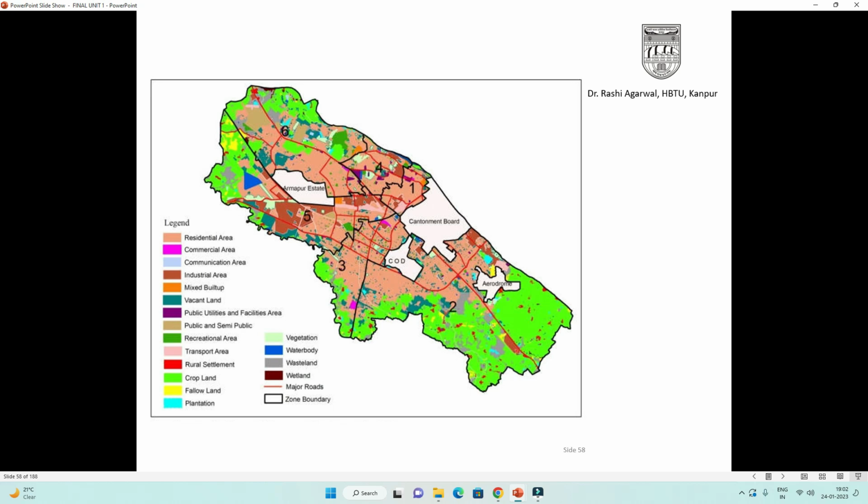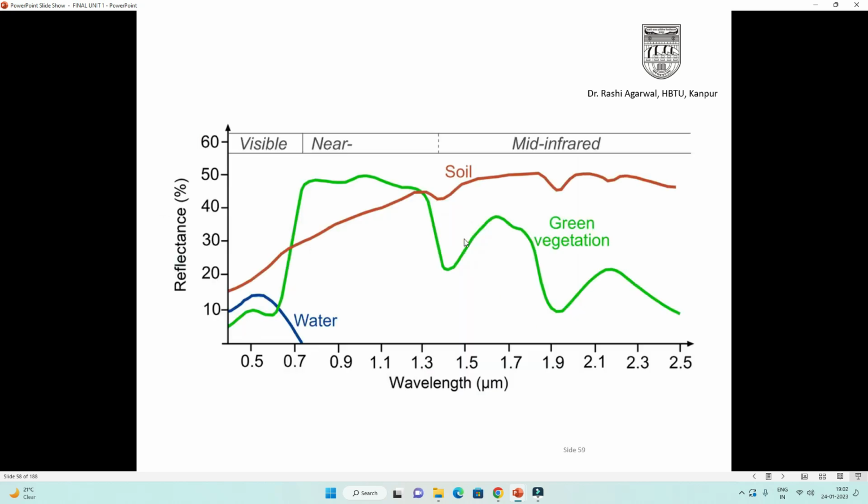Now a typical land use, or this is a land use map of Kanpur. Different colors are associated with different kinds of land uses. Now how does this happen? Suppose I want to do a land use estimation, then I could use the spectral features. I have satellite images which are capturing information in different spectral bands, and from those bands I am able to get the spectral signatures of all the materials, all the vegetation.